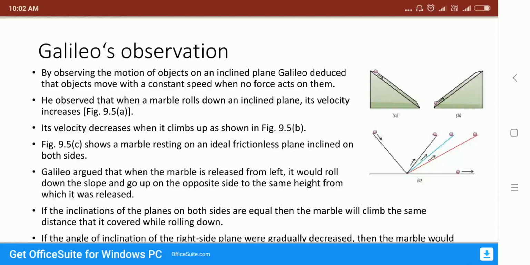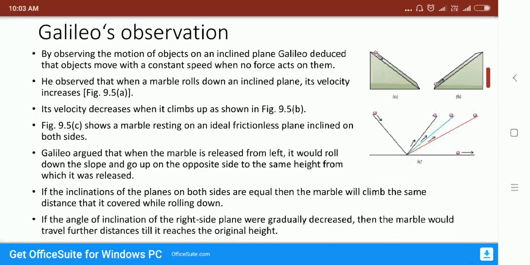Before understanding Newton's laws, we need to understand Galileo's observation, because Newton observed the conditions and measurements provided by Galileo, studied them further, and then gave these laws of motion. So before going through them, let us understand Galileo's observation.